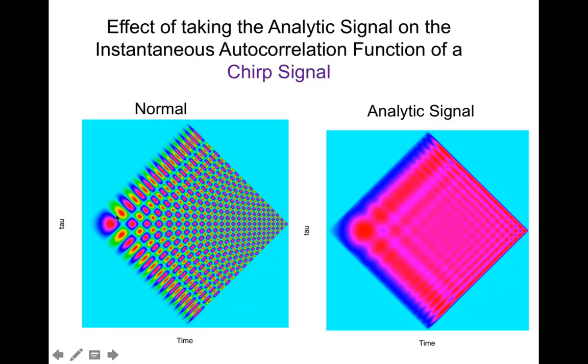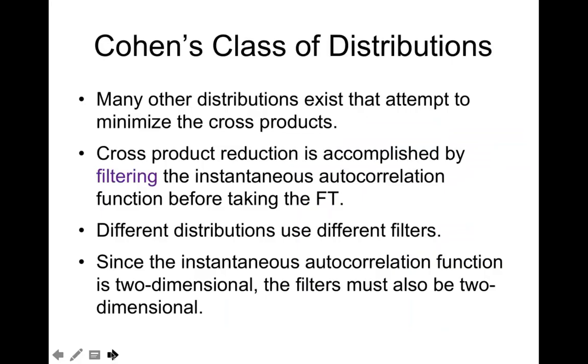So you're not picking up those cross terms in the same way when you take the instantaneous autocorrelation on the analytic signal compared to the conventional chirp. So instantaneous autocorrelation and using the Hilbert transform is one way to visualize time and frequency space.